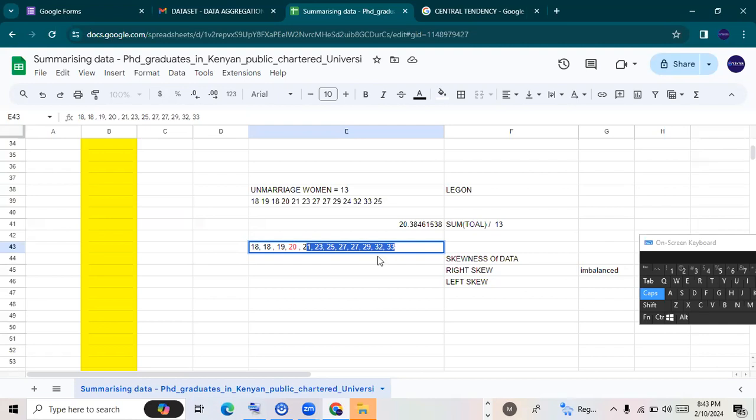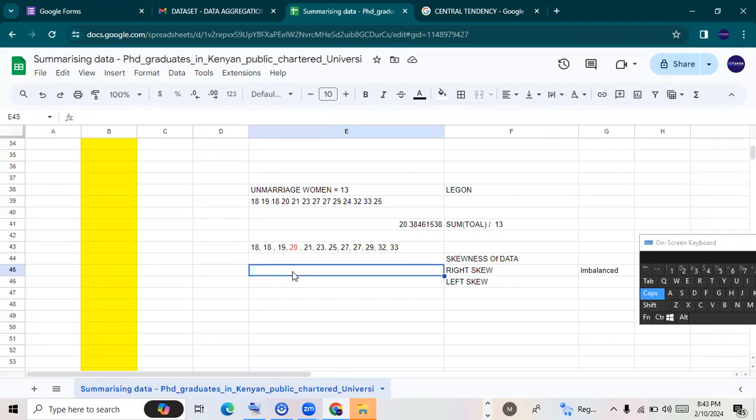So we can see that many people in this community are not married. The age difference from 20 to 33, the range is high. The range is very high. So the 20 here becomes our central tendency.